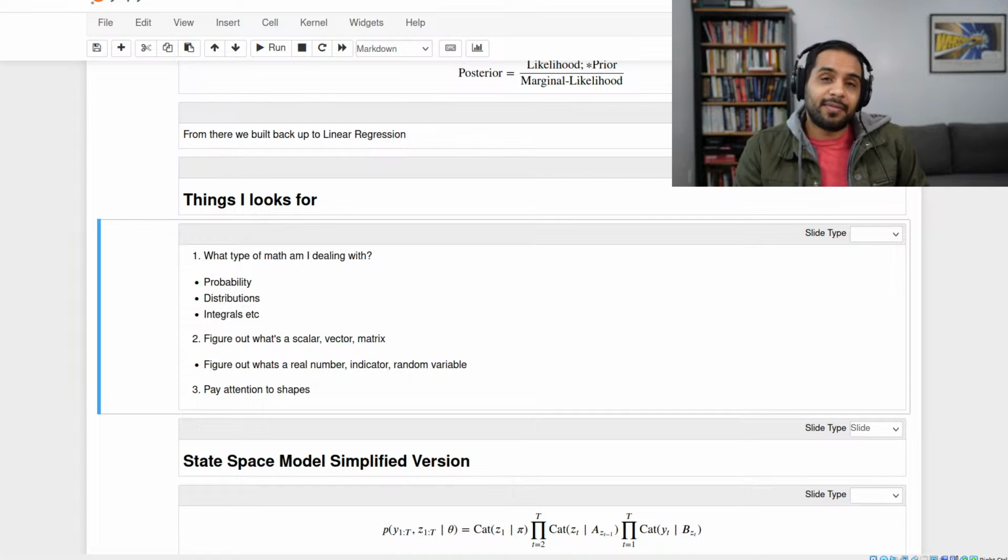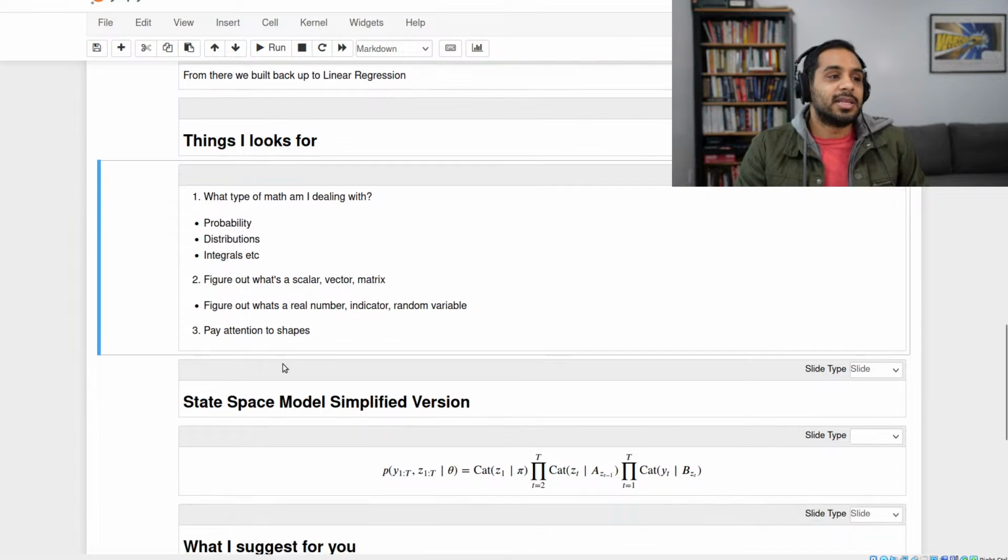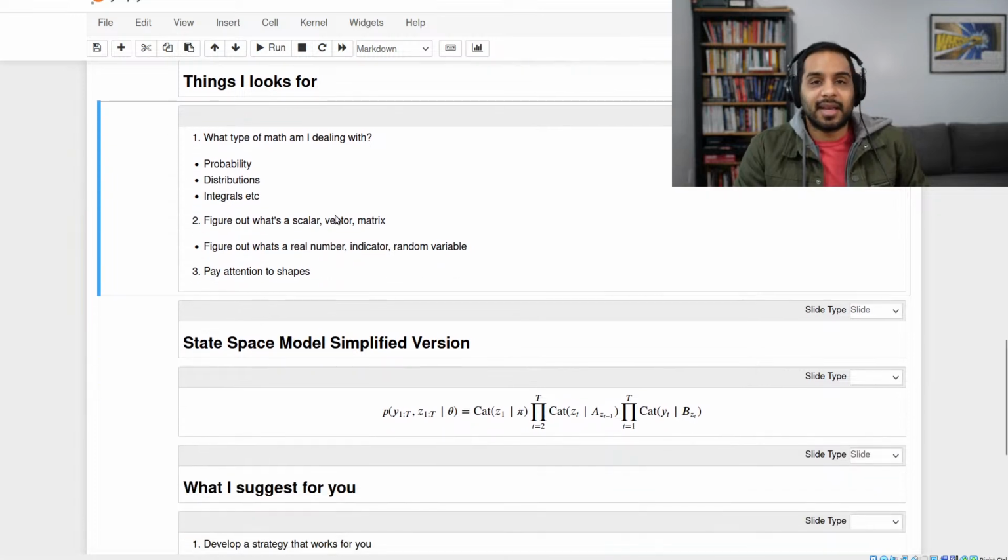When I look at Kevin Murphy's book or an Andrew Gelman book or my book now, there's going to be a lot more probability going on, distributions going on, because that's the topic at hand. It's statistics. And with that comes different assumptions of notation, different assumptions of what you can do with the mathematics of it. Which leads me to my next step, figuring out, again, what is the thing? Is it a scalar? Is it a vector?